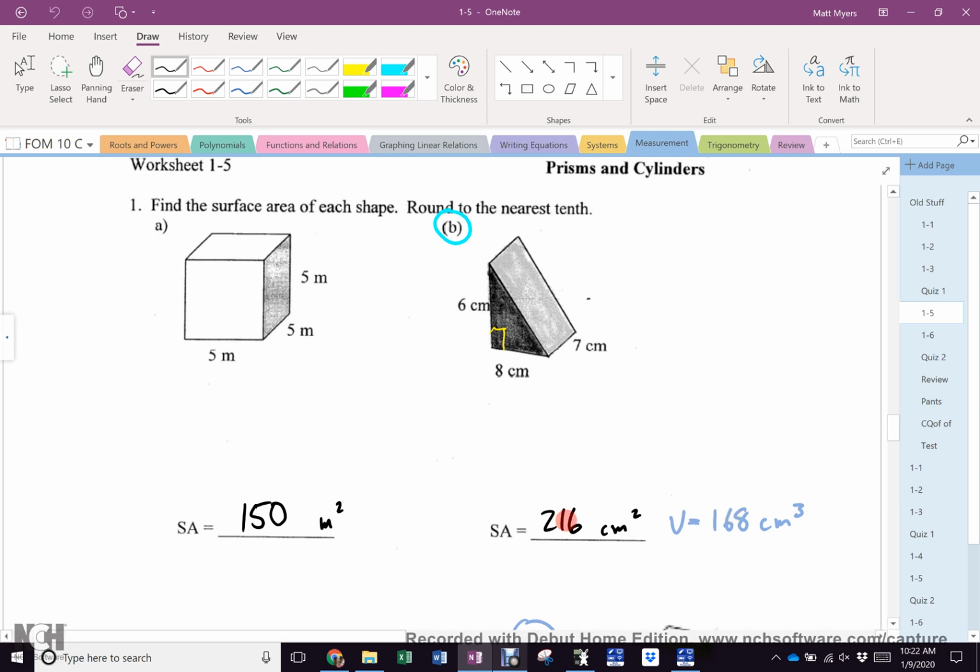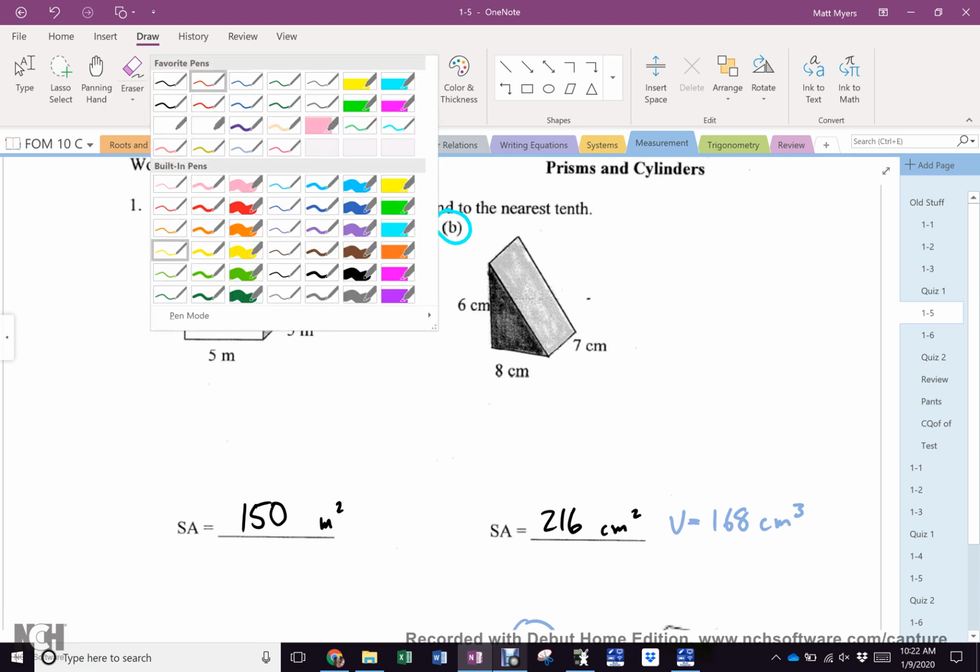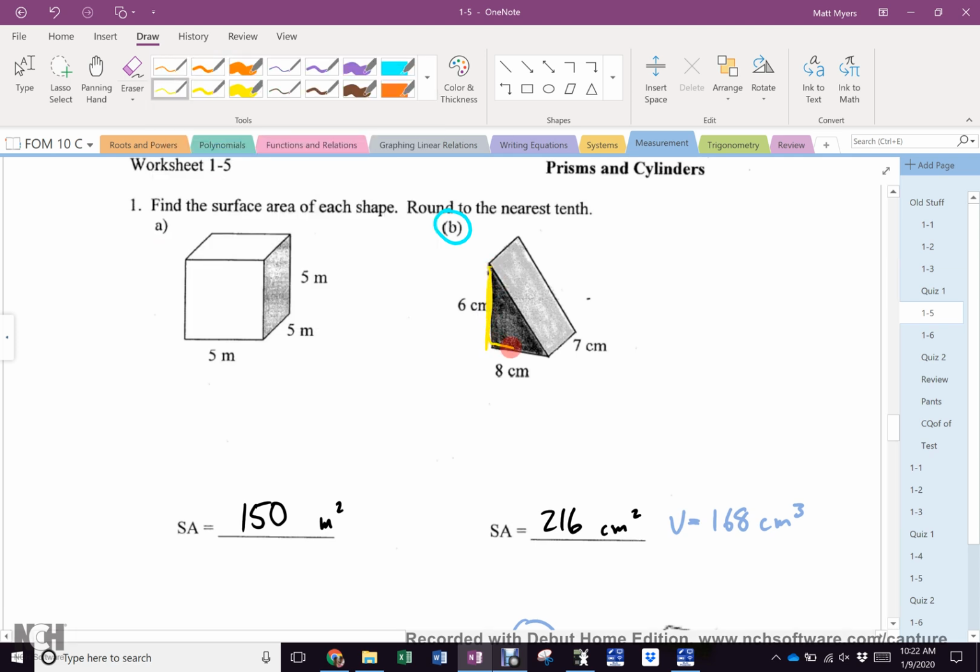Do I need to do surface area? Yes. All right. Well, surface area of this. What shape is that? A triangle. Isn't it on the other side as well? So doesn't that make a rectangle of 6 by 8, right? So 6 by 8 gets me 48 for the front and back, yes?